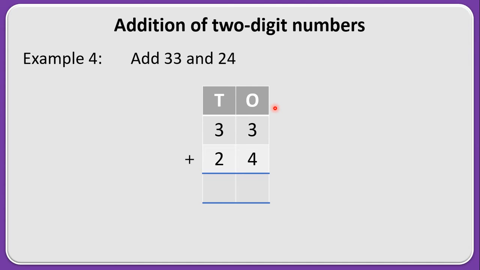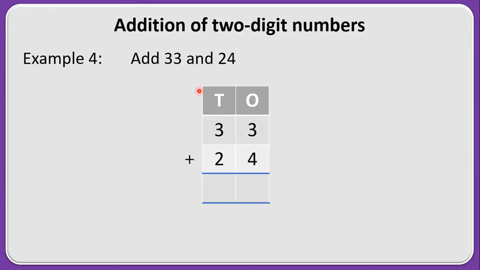That is, we will write down the given numbers 33 and 24 such that the ones place digits come under O written here. O here stands for ones place, or this column can be called the ones column, and this column is called the tens column. So here 3 and 4 are in ones place and 3 and 2 are in tens place.